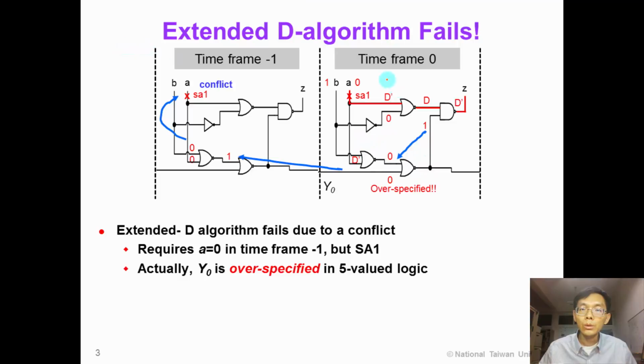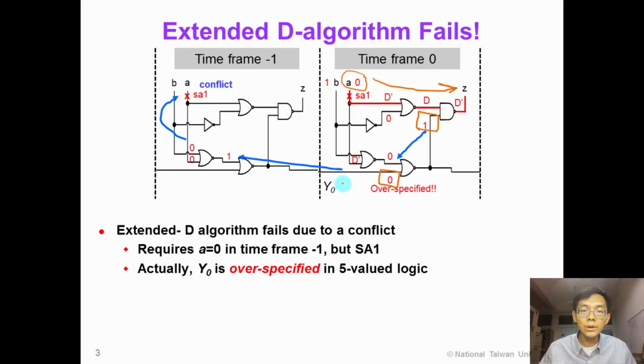Suppose that we want to propagate this fault to the output. So we apply a 0 to A in the 0 time frame. To propagate the D through this NAND gate, the side input would be 1. To control this side input to 1, we will need a 0 here.